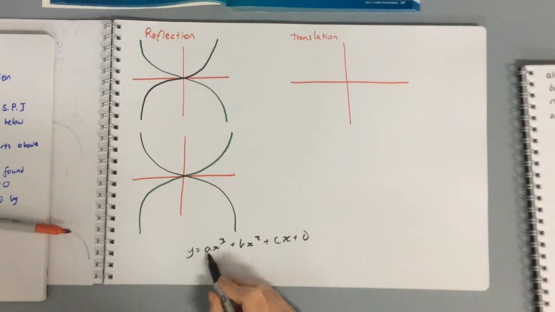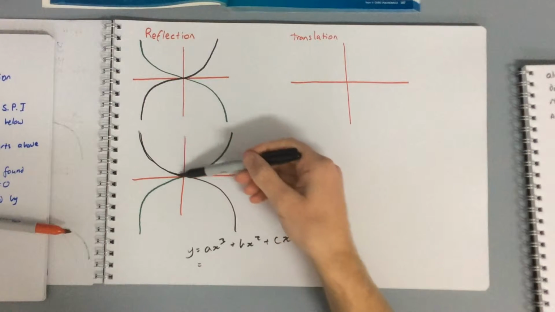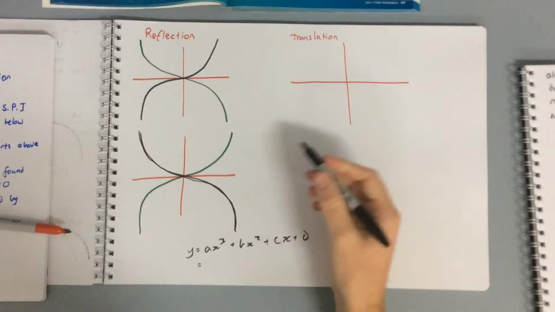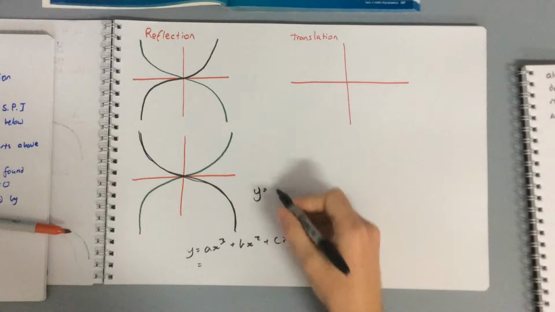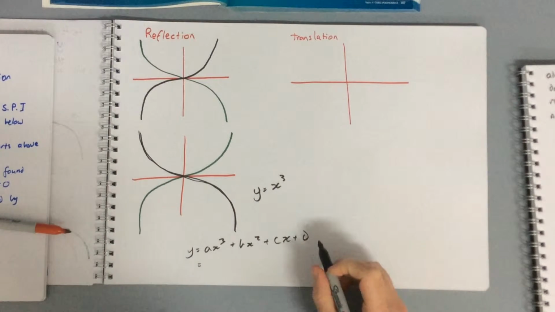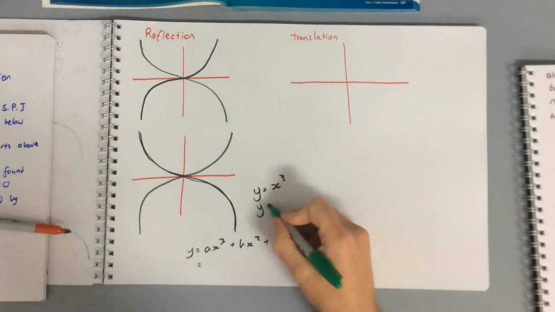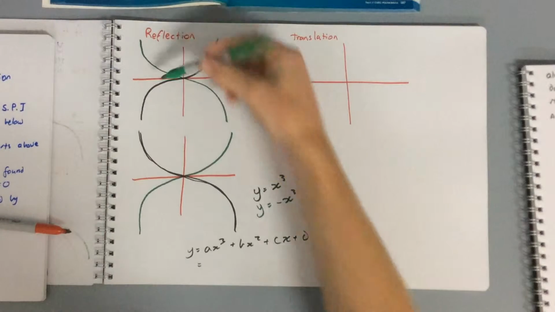If this number here was negative, we'd have this. So for example, y equals x cubed is our standard in black. Y equals minus x cubed would be the one in green.